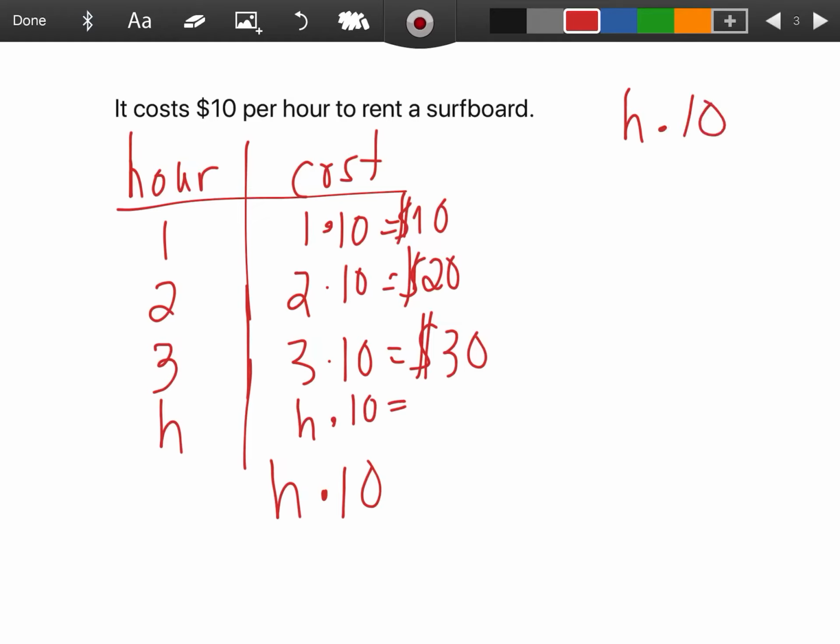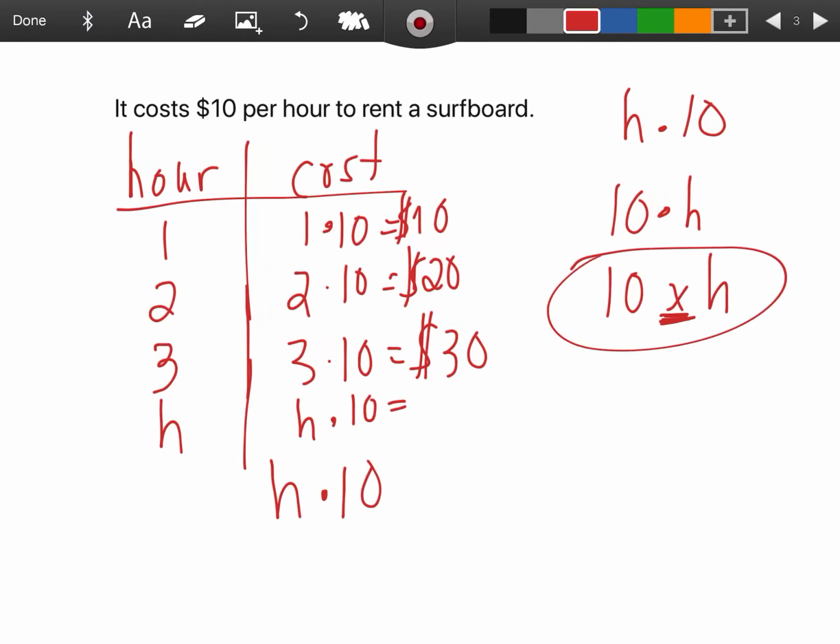We'll see this written in different ways. We could write this as 10 times h. Those are the exact same thing. We don't like to write it as 10 times h using an x, though, because oftentimes x is used as a variable, and we don't want to get confused between x the variable and x as a multiplication sign.